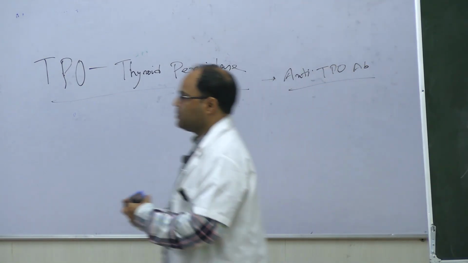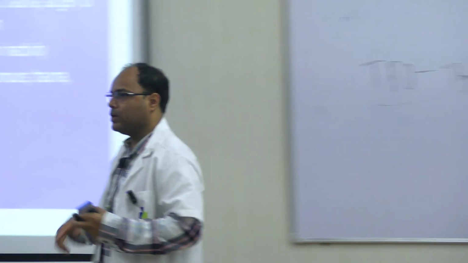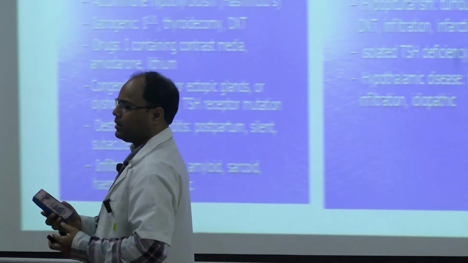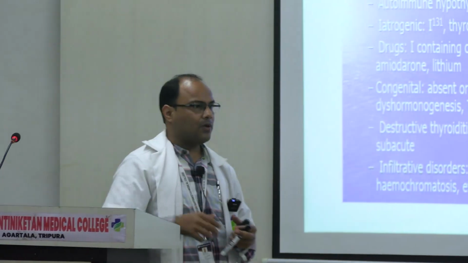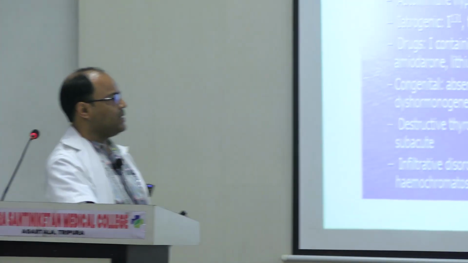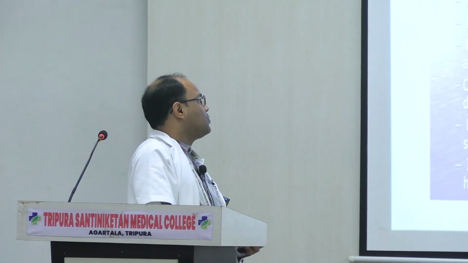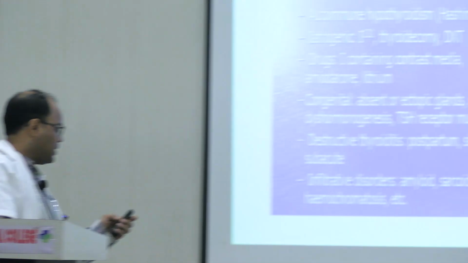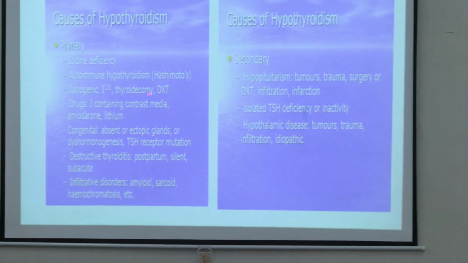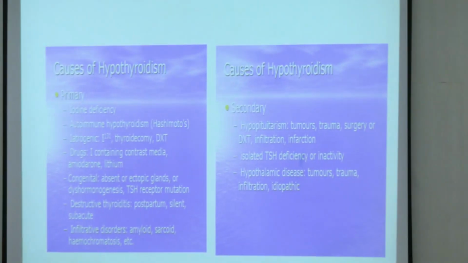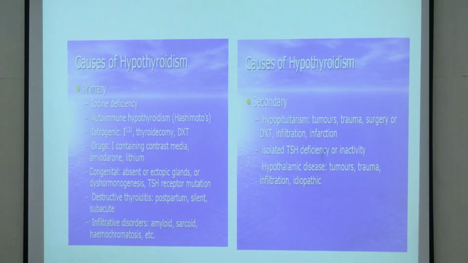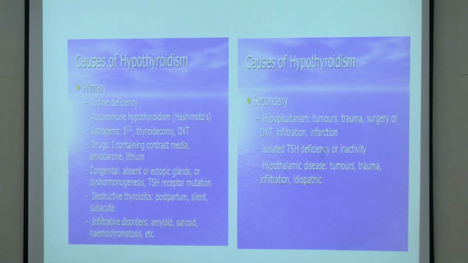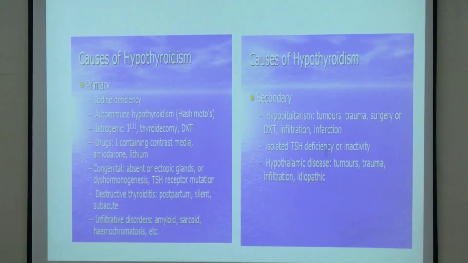When you test this antibody, you may find a high level of anti-TPO antibody. Then it is called Hashimoto thyroiditis. Please remember, Hashimoto thyroiditis. This is very common.